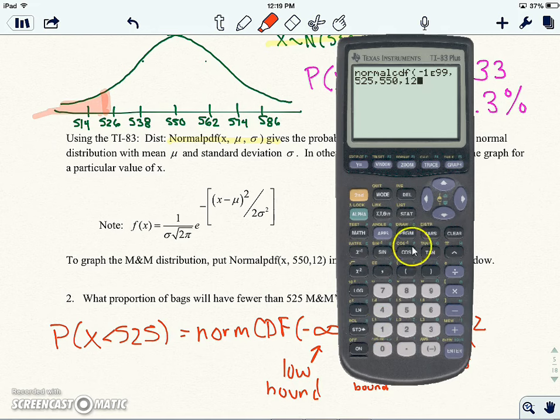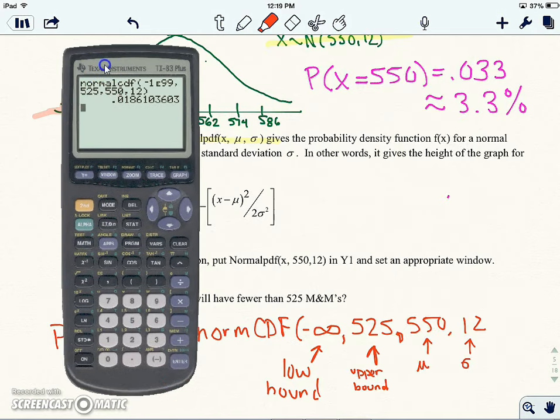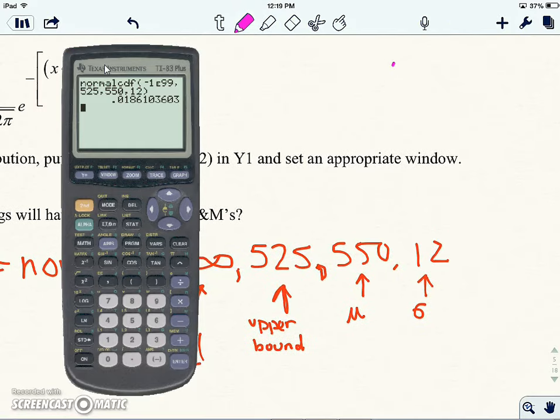In this way, we do not have to convert to z-scores because the calculator will do it for us. And it says the probability of that is 0.0186, okay, or about 1.9%.